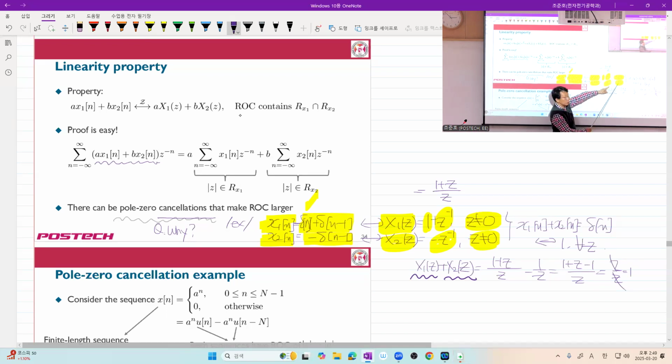And since z is not 0, we can rewrite the first one as 1 plus 1 over z, which is 1 plus z divided by z. And what was the second one? Negative z inverse. Now, let's use z in the common denominator. And what do you have? You have 1 plus z minus 1. So you have z over z.